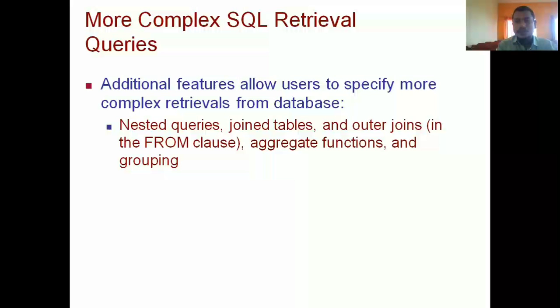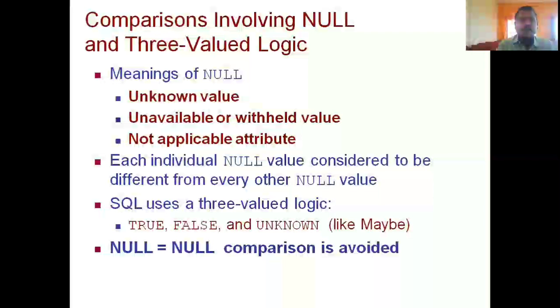And outer joins means out of this database, some other relation tables joined with the table. So aggregate functions and grouping. Grouping is nothing but similar attributes, similar attribute names, in more than one relation combined together. That concept comes in grouping.